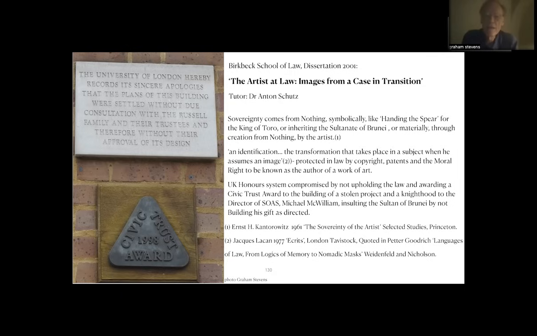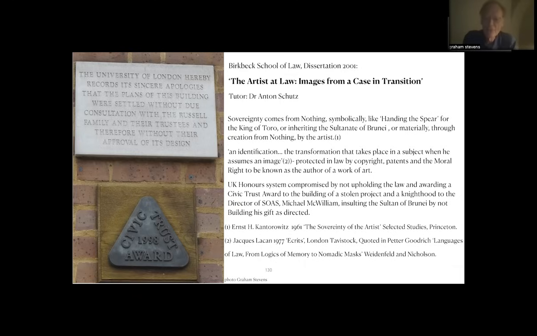But then Lacan describes in the mirror image stage of every human being's development an identification, the transformation that takes place in a subject when he assumes an image. So this is the art experience that I was trying to reach, the experience of reality, and changing that from contemplation to action and active experience, like walking on water or bouncing on a bouncy castle.